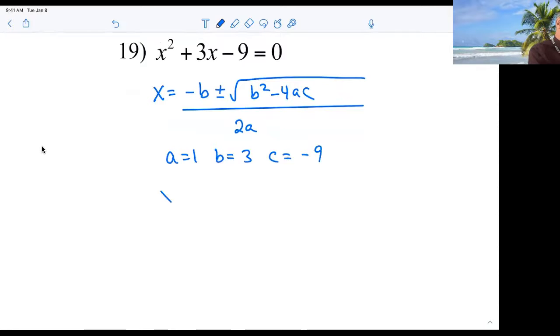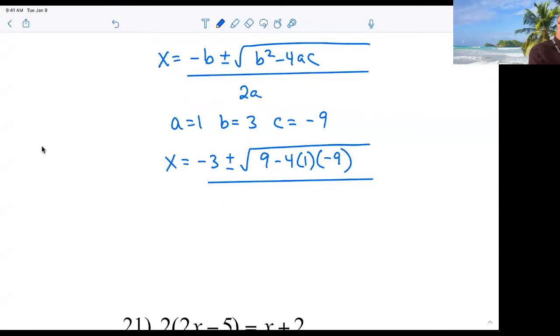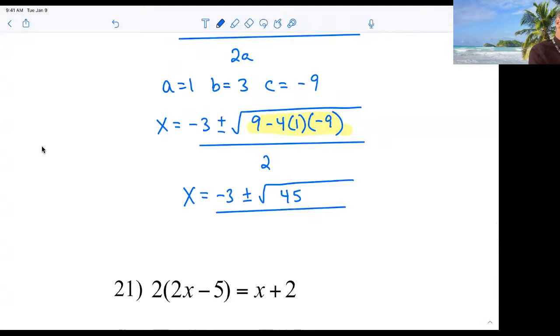All right, so here we go. x equals negative 3 plus or minus the square root of 9 minus 4 times 1 times negative 1, all over 2. Let's figure out the inside of the radical. x equals negative 3 plus or minus the square root of 45, over 2.